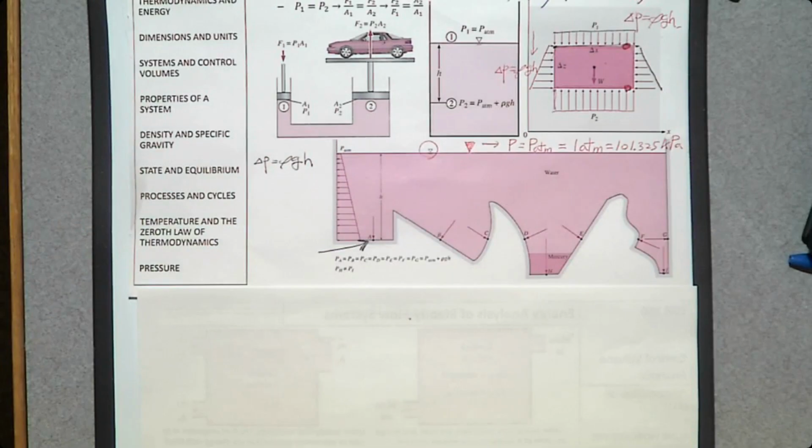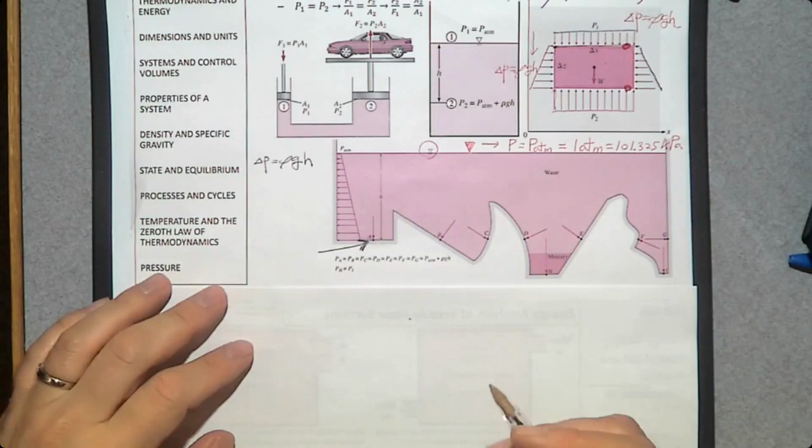In Pascal, it's going to be 101,325 Pascal, so it's 101.325 kilopascal, because 1 Pascal is too small. We prefer using kilopascal. And you can use this delta P is rho gh between point A and the surface.